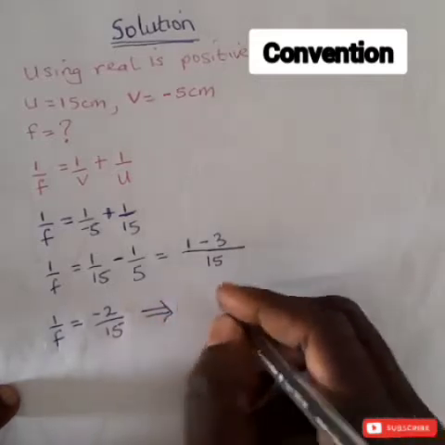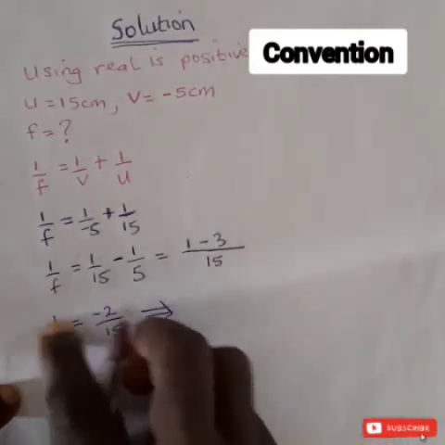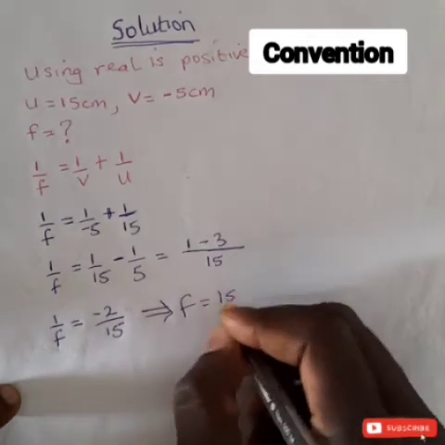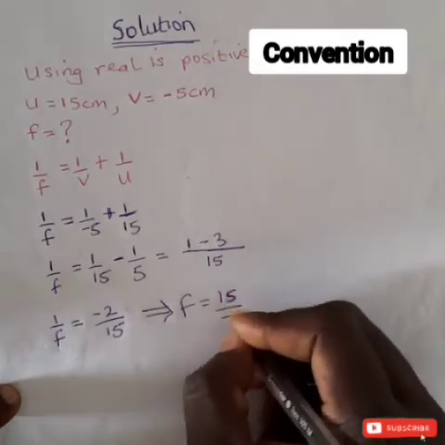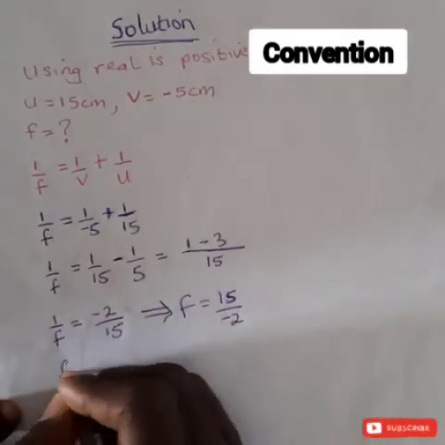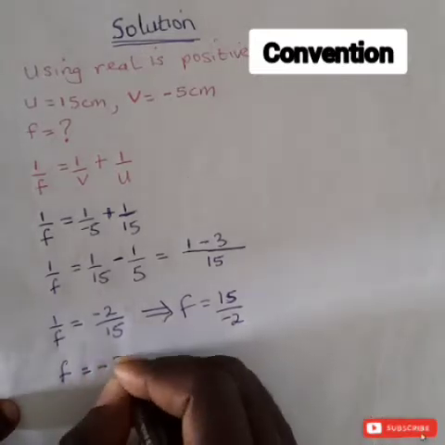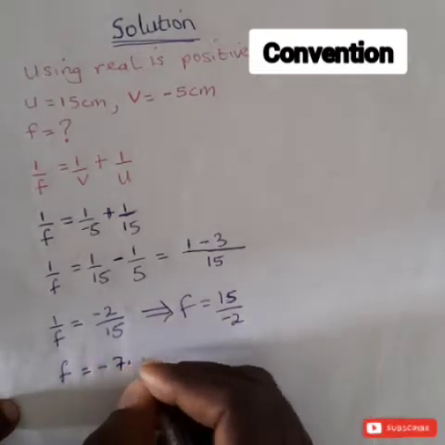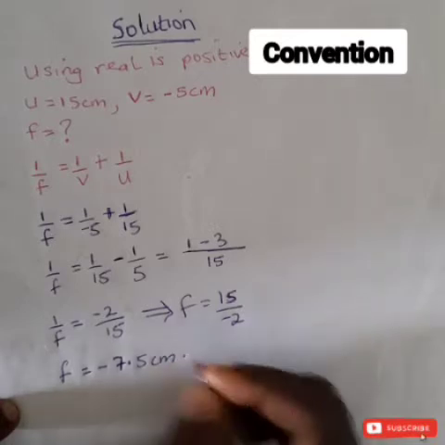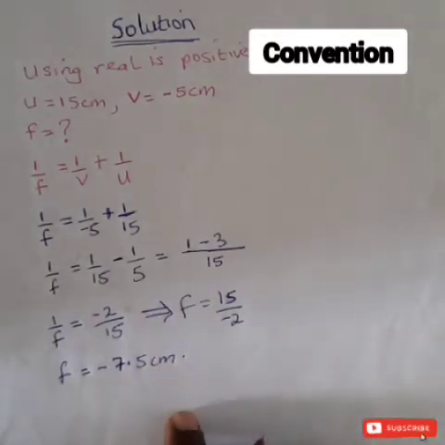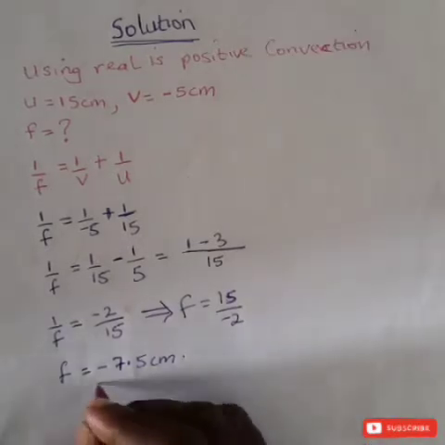Here we can say that just take the reciprocal of this and this, so f is going to be 15 divided by minus 2. So f is equal to minus 7.5 cm. So this shows that the focal length of a convex mirror is negative. So have a negative value.